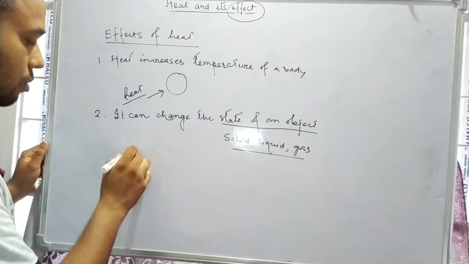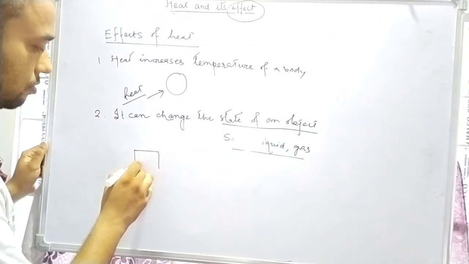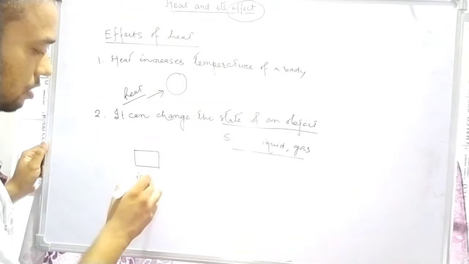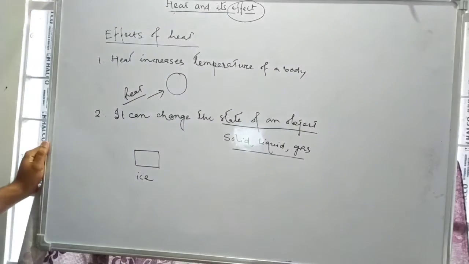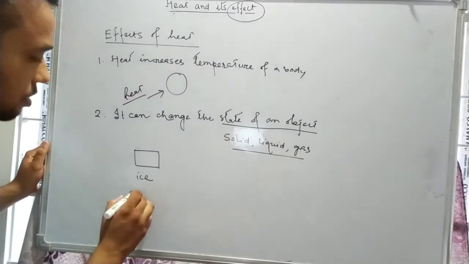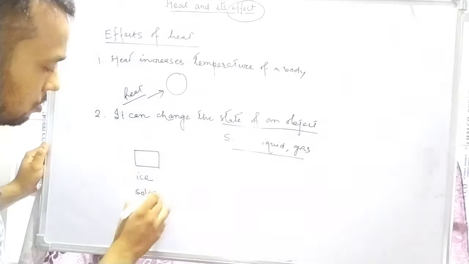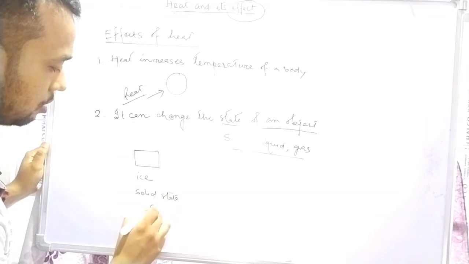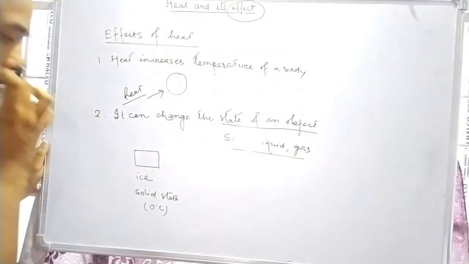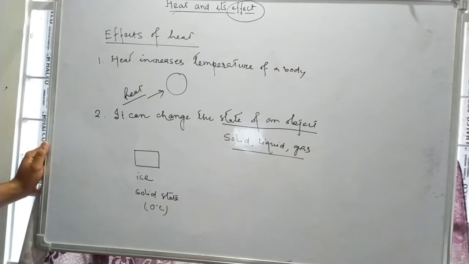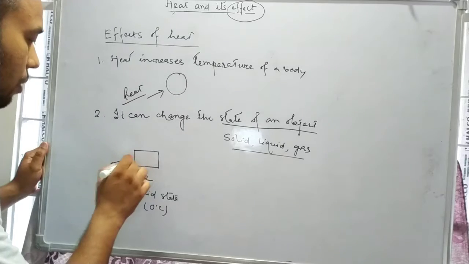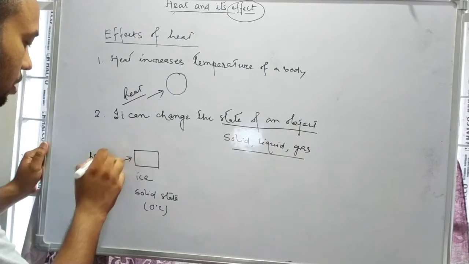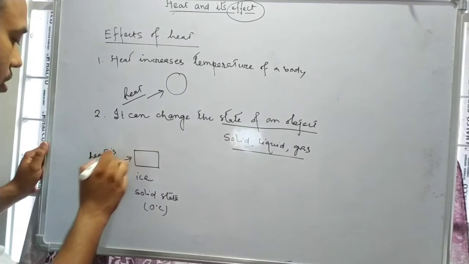Suppose we take an example of a piece of ice. Okay, this is an ice cube. Initially it is in a solid state, and its temperature is 0 degrees Celsius. After that, we will apply heat. Okay, heat is applied.